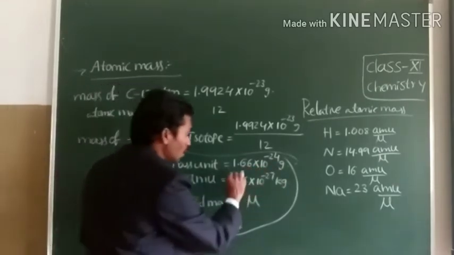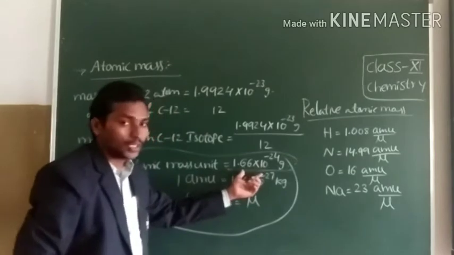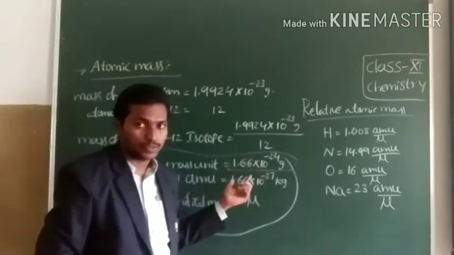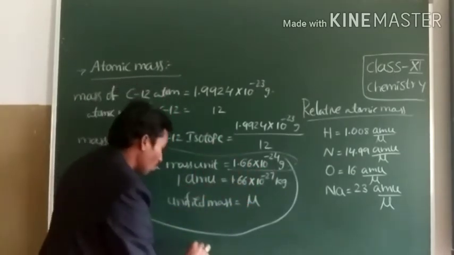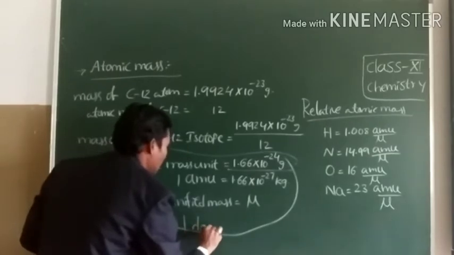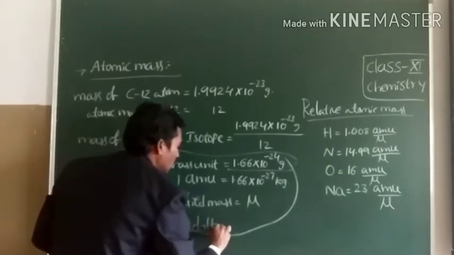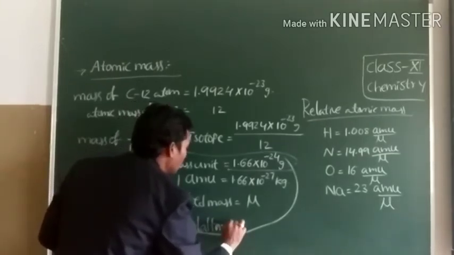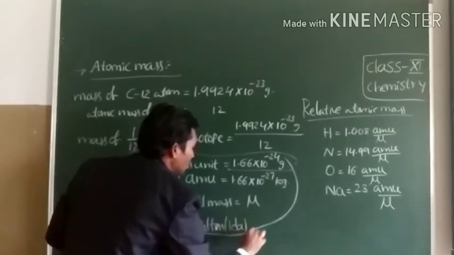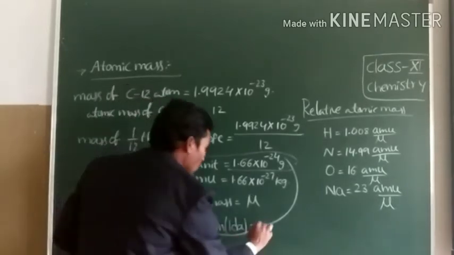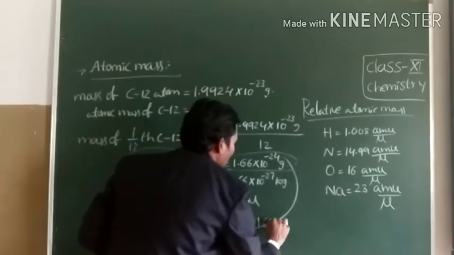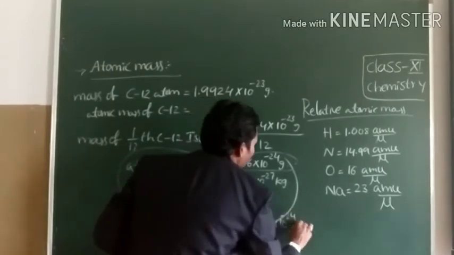Its value is 1.66 × 10^-24 grams. This is also called 1 Dalton, its symbol is 1 Da. 1 Dalton is equal to 1.66 × 10^-24 grams.